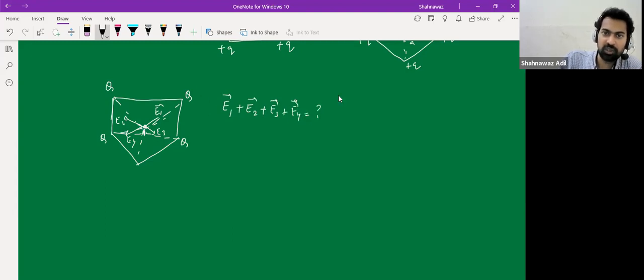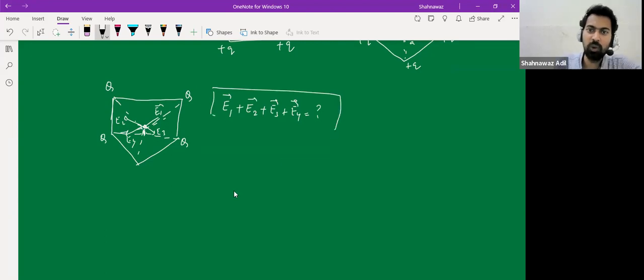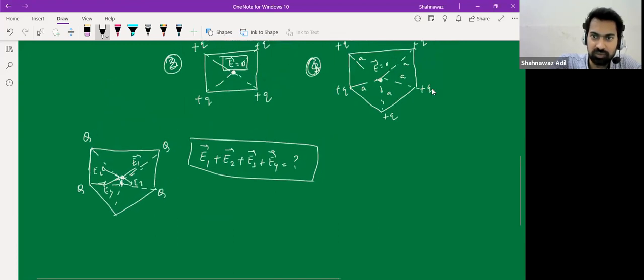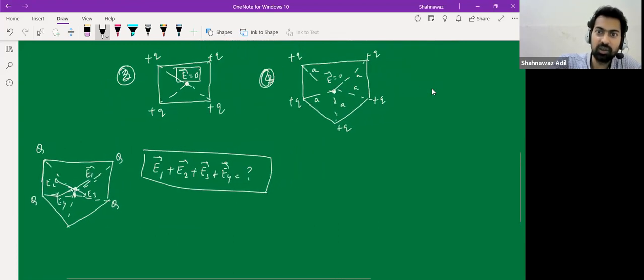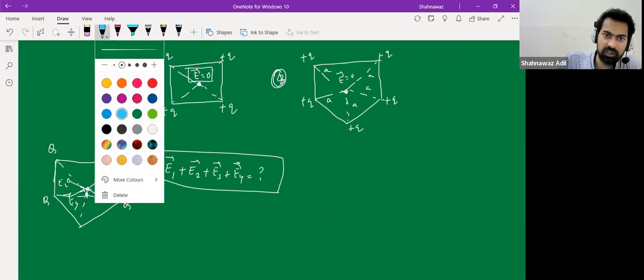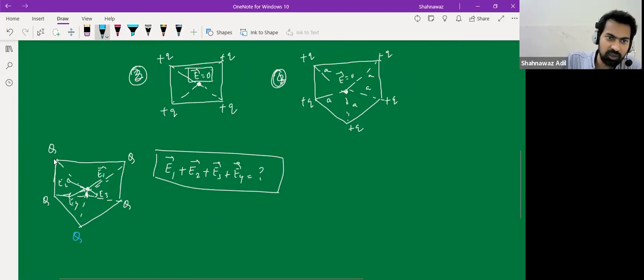Okay. So what do we know about this symmetric property? Yes, Aisha, E is 0. If there had been another charge Q on this point, then the electric field at the center would have been 0.